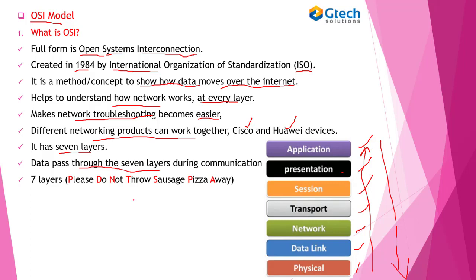And the best way to master these layers is to just say this: please do not throw sausage pizza away. So that's the best way to master the seven layers.